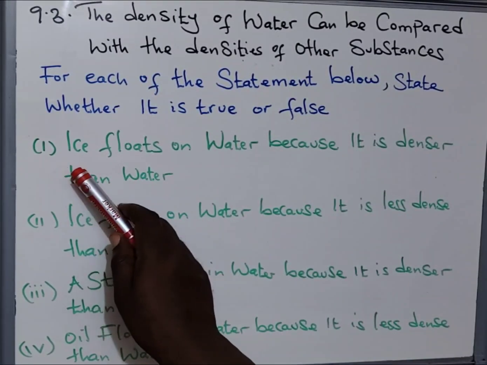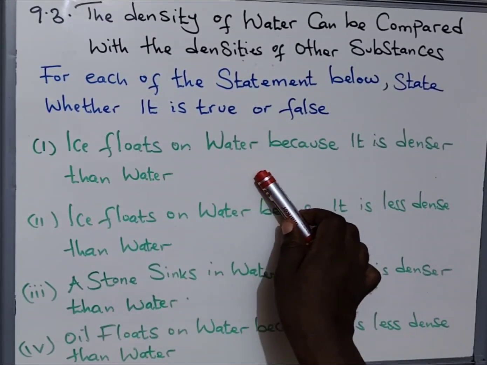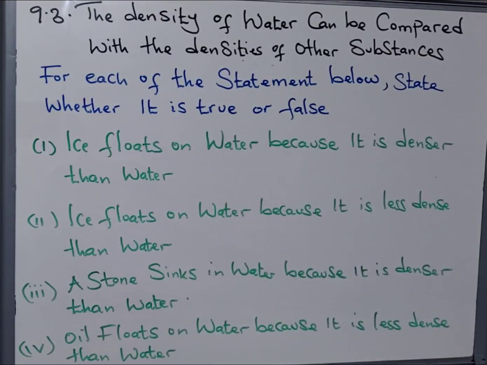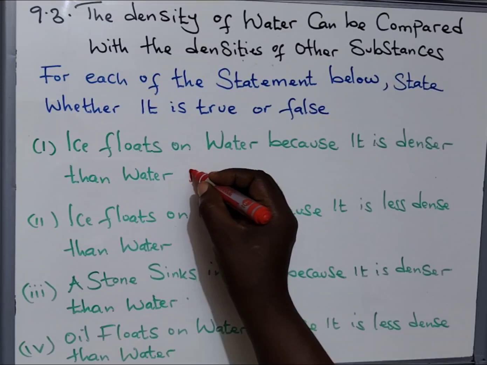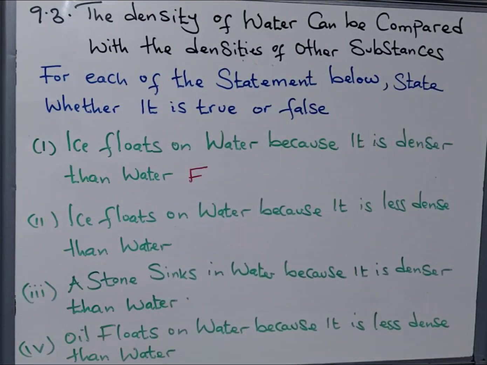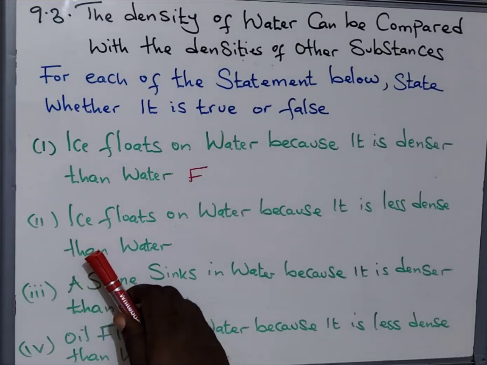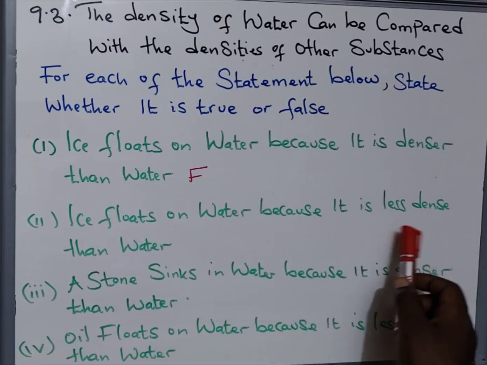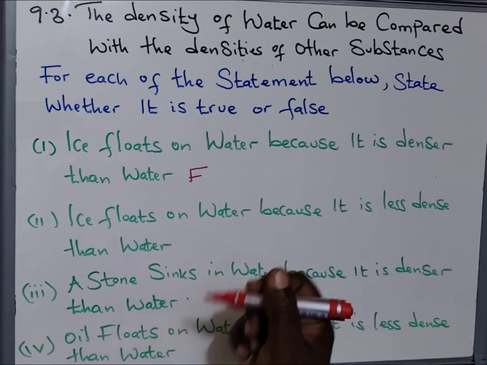The first one says that ice floats on water because it is denser than water. False. Ice floats on water because it is less dense than water. Okay, come here. Ice floats on water because it is less dense than water. True.